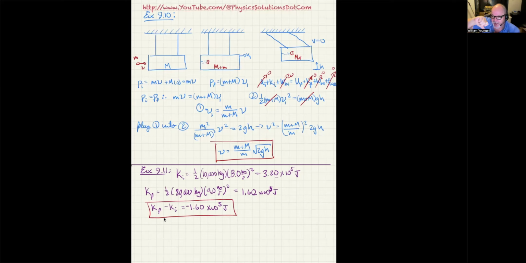So the mass going up by a factor of two increases the kinetic energy by a factor of two, but the velocity going down by a factor of two decreases the kinetic energy by a factor of four. If you multiply by two and then divide by four, that's the same as multiplying by one half, and that's why the lost kinetic energy was one half of the original kinetic energy.